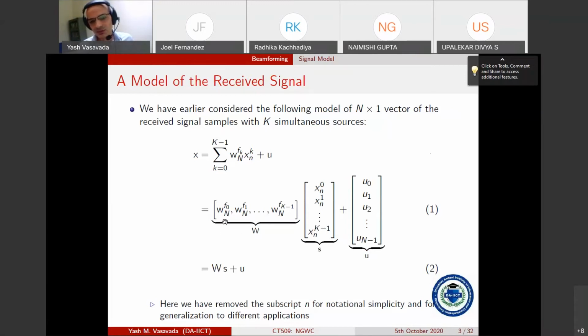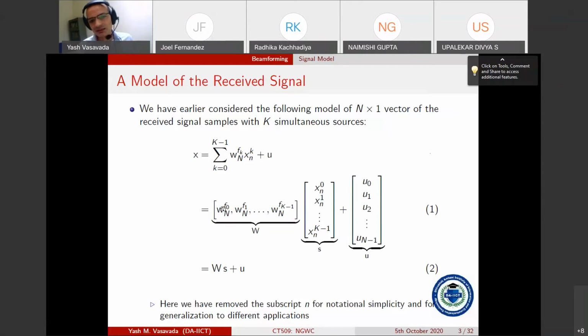The number of rows of W can be arbitrary. In fact, in CT516, we said that the columns of W are continuous in time. In general, they don't have to be, but in the labs of CT516 that you did, you probably had maybe 16 samples per symbol.